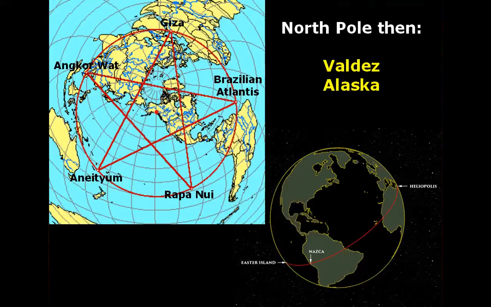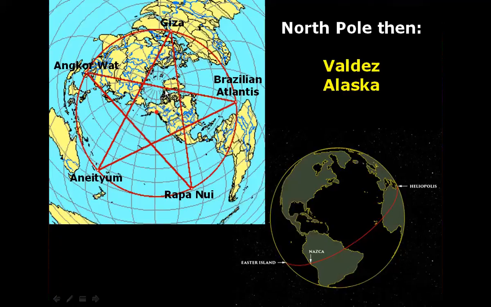So the original North Pole point of our planet, when the red circle here was the previous equator, the North Pole point was almost exactly where now is the city of Valdez in Alaska. So that was then the top of our planet. Nowadays it's here, and you can see this red line is going straight through that as well.